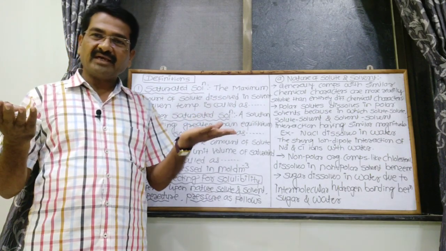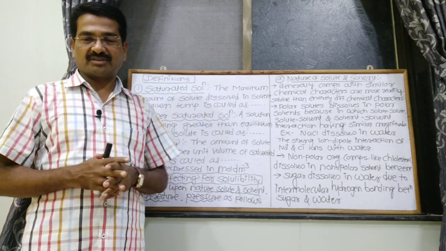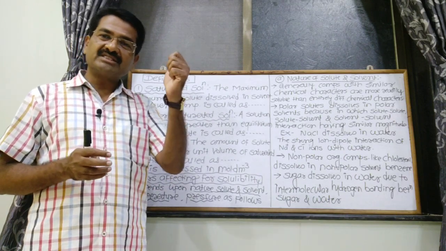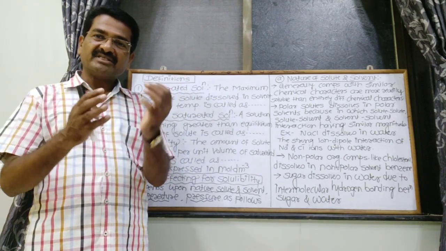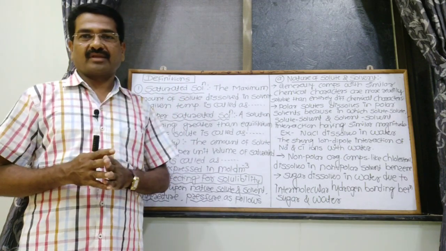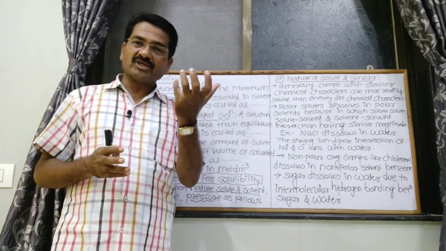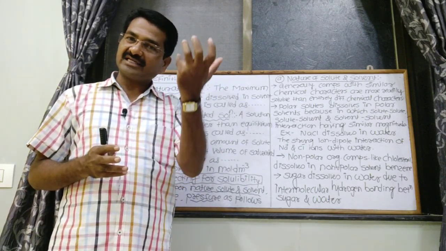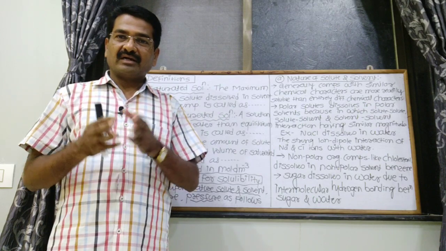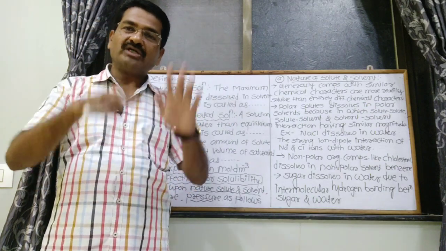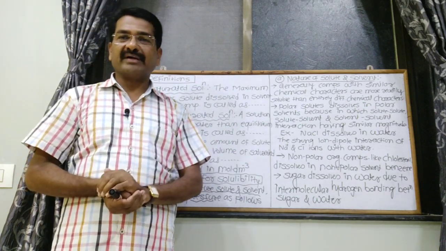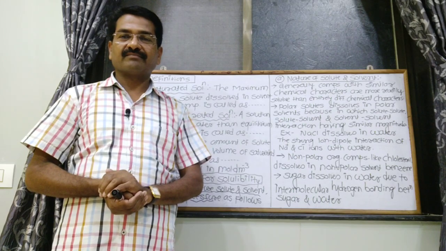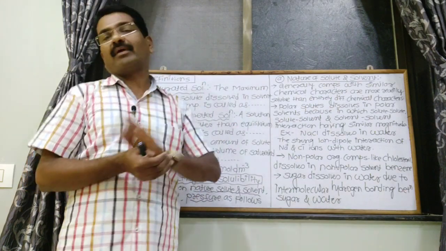What is the meaning of maximum amount? The maximum amount depends upon the capacity of the solvent, how many porous particles are present in that solvent. Depending upon that, the total number of solutes that can be dissolved in it is called the maximum amount.